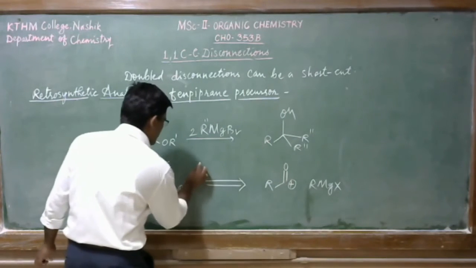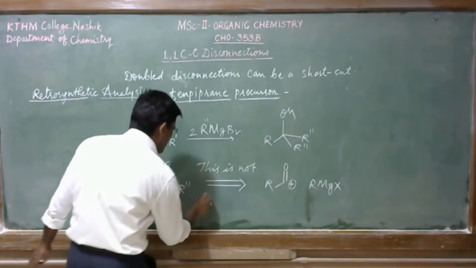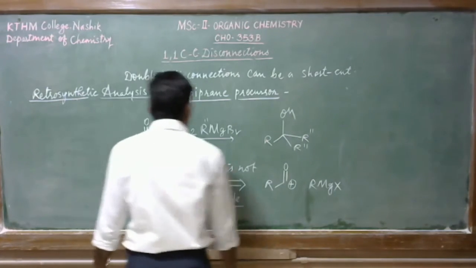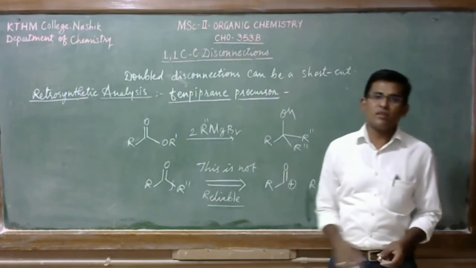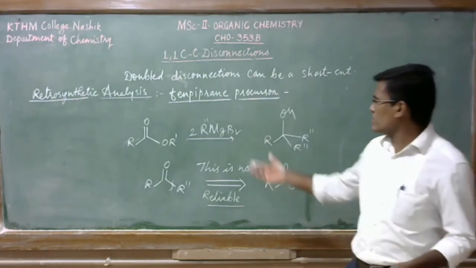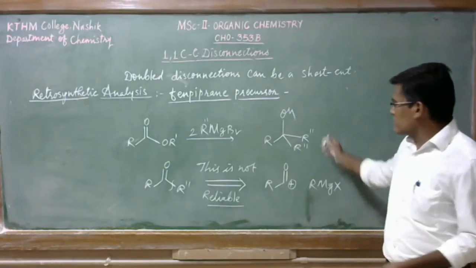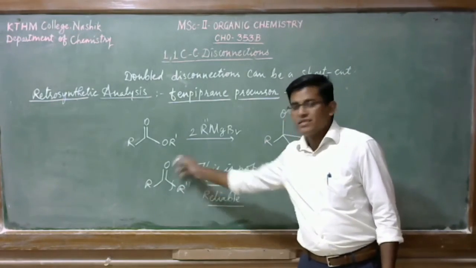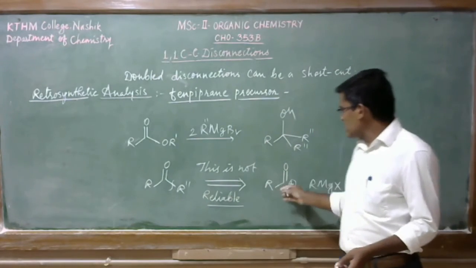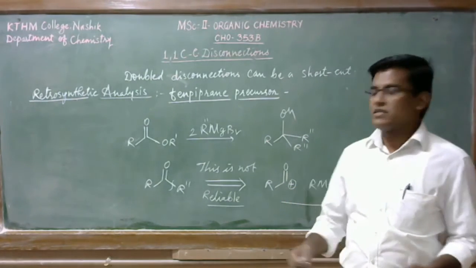In the ester case, the first molecule of Grignard reagent will react to give a ketone. Again, the second molecule will react with the ketone to give the tertiary alcohol. But when you consider the ketone and want to do retrosynthetic analysis, if you do this retrosynthetic analysis, this is not a reliable disconnection.